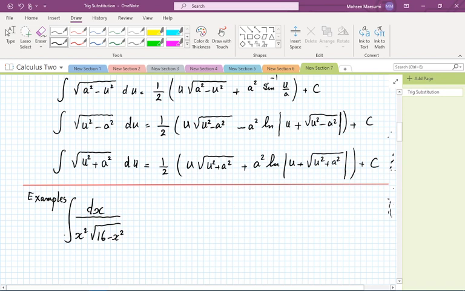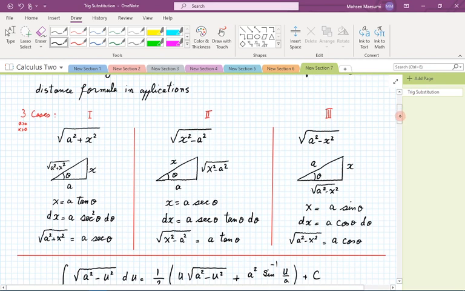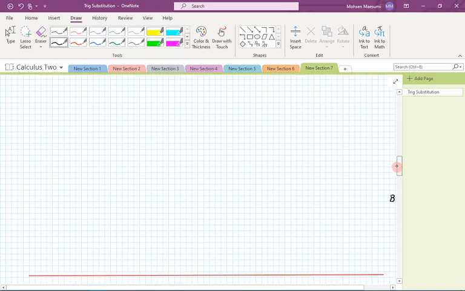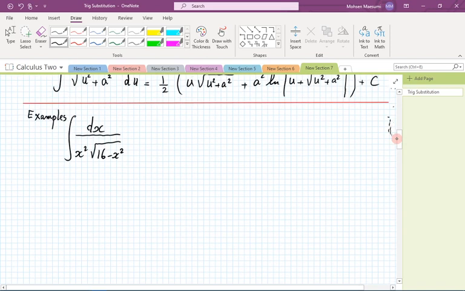Now we want to do this integral. This is similar to this case, because we have 16 minus x squared, it falls into this category. So this is the picture that we want to have, and we are going to duplicate it for our case.